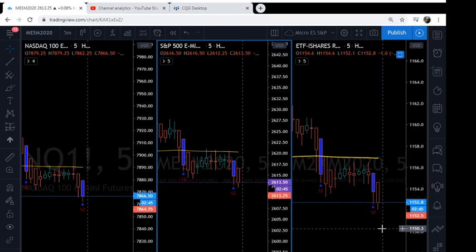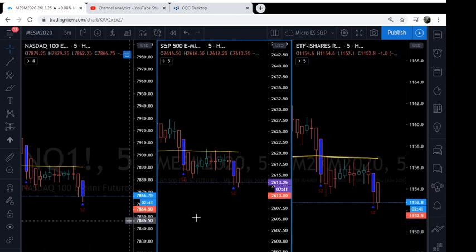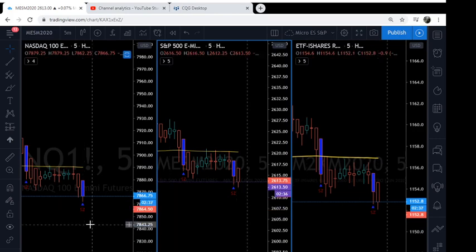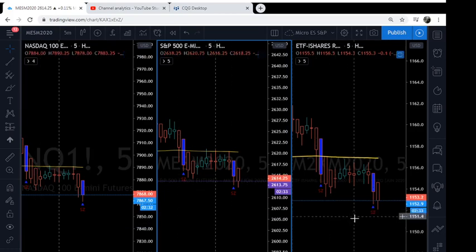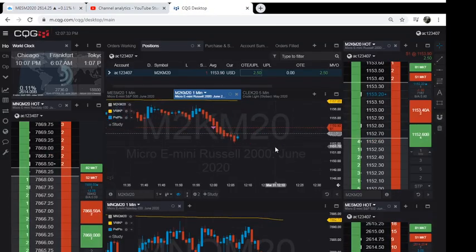In my playlist you can find that I also trade NQ and S&P futures. Both I only trade during the US session because they are more volatile and it's easy to get in and get out of the market very fast. So for Russell, it's just a good play around, and a small profit should be good enough actually.